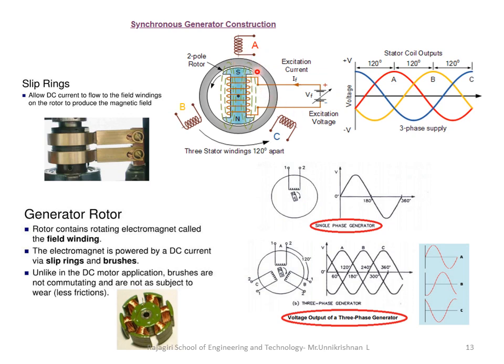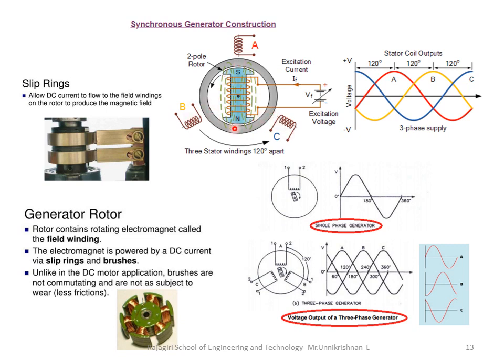This figure shows 3 coils which are placed 120 degrees apart, and at the middle point you will have the field placed. So this is a two-pole rotor. The center point is the rotor, and the outer structure is the stator. And in the outer structure we are keeping all these 3 coils.